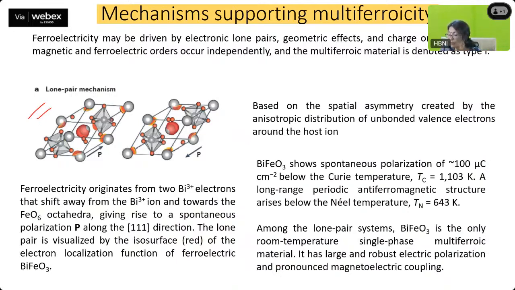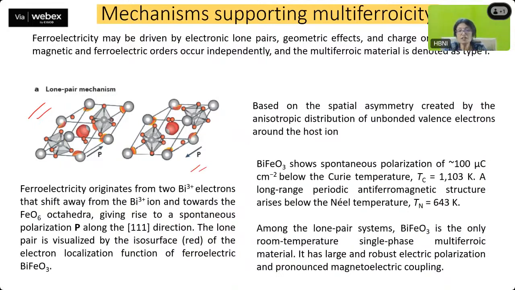Now this so-called lone pair mechanism is based on the violation of inversion symmetry by valence electrons. The mechanism is responsible for room temperature ferroelectricity, as in the case of BiFeO3, shown over here. It has a Curie temperature of 1103 Kelvin.